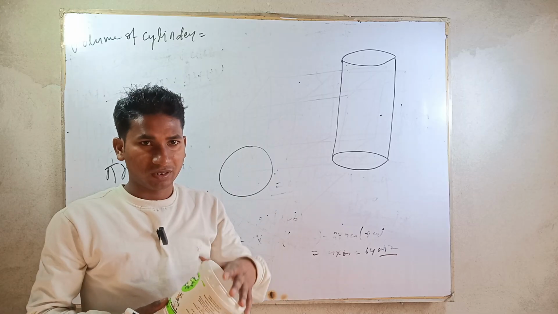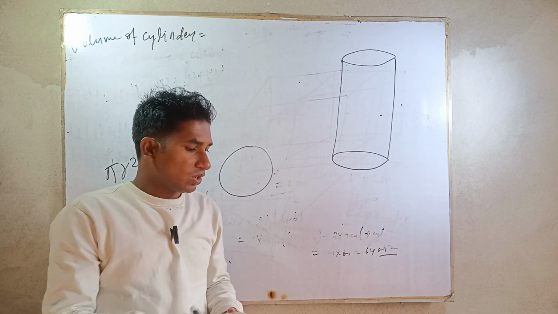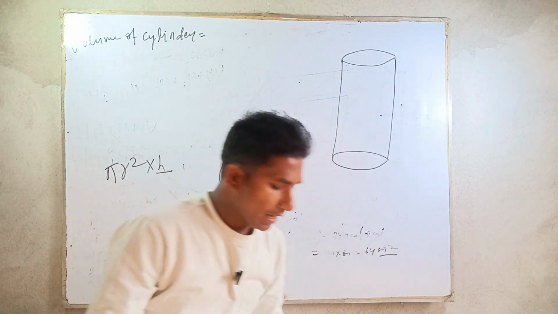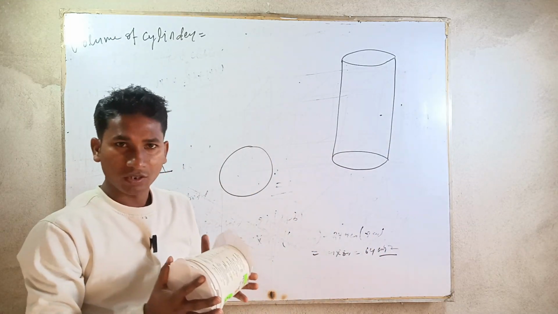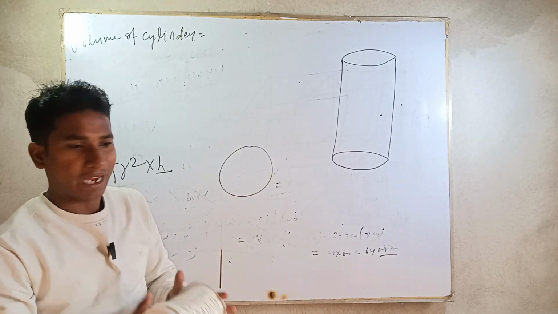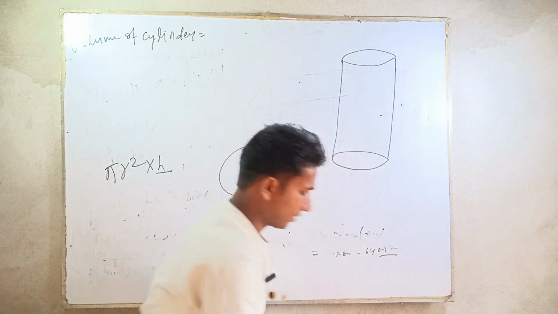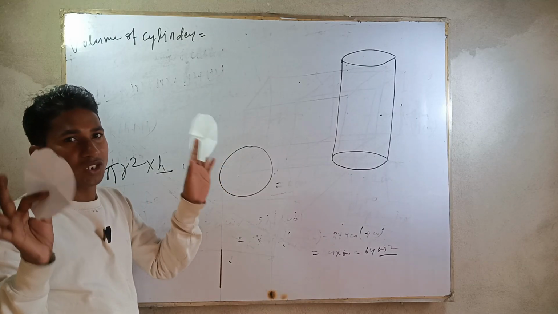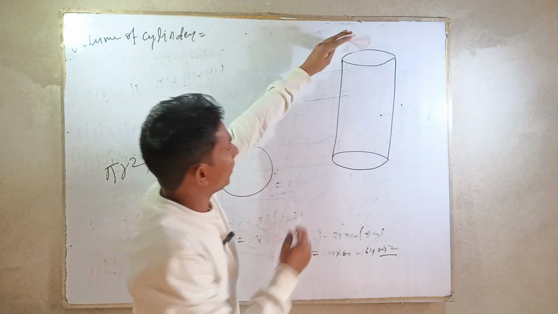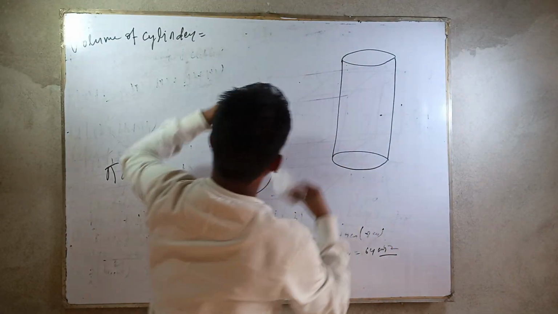Suppose I have this one covered like this, and its height is, there are two circles, upper part and lower part like this.